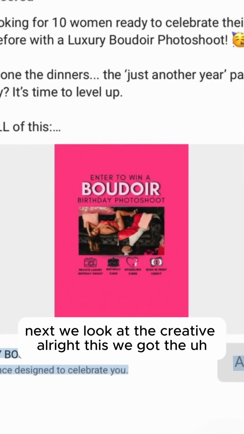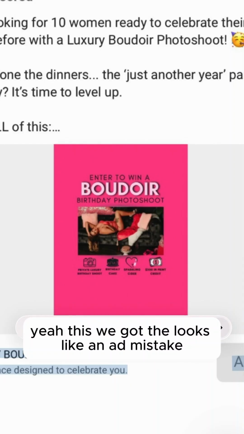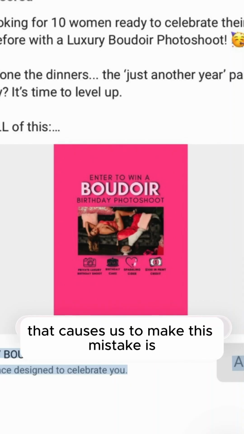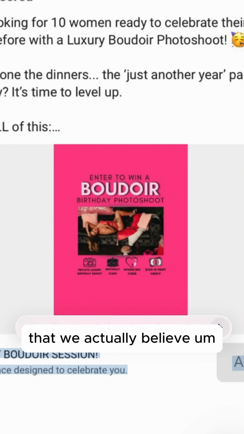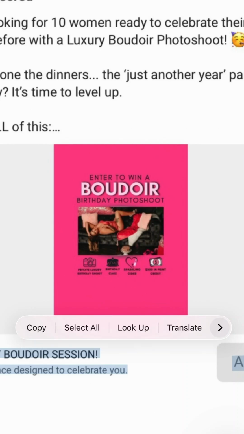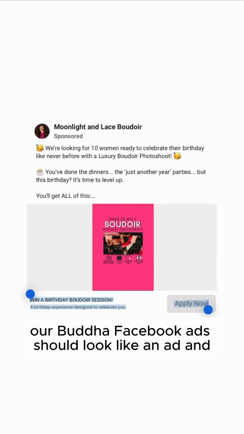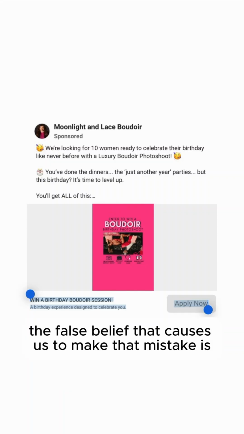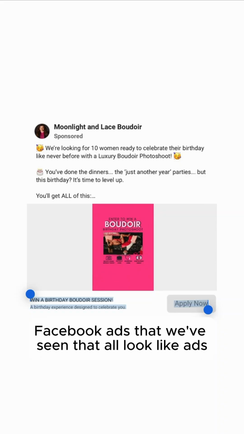Next, we look at the creative. It looks like an ad mistake. The false belief that causes us to make this mistake is that we believe our Boudoir Facebook ad should look like an ad, because we've seen all these other Boudoir Facebook ads that all look like ads.